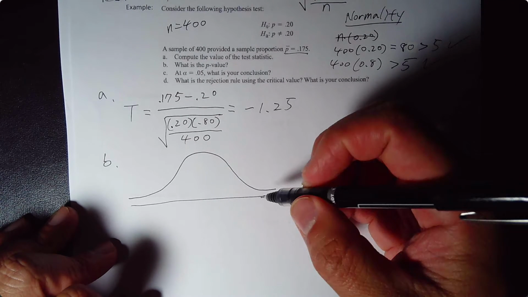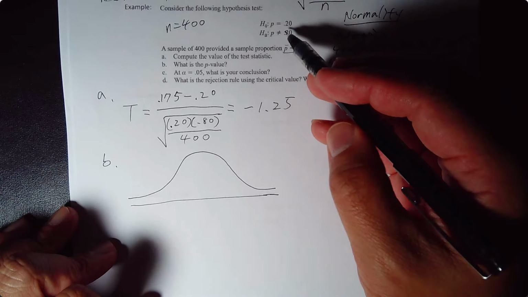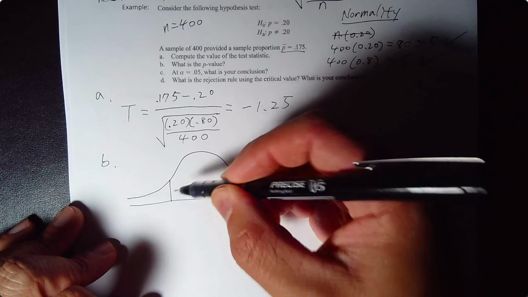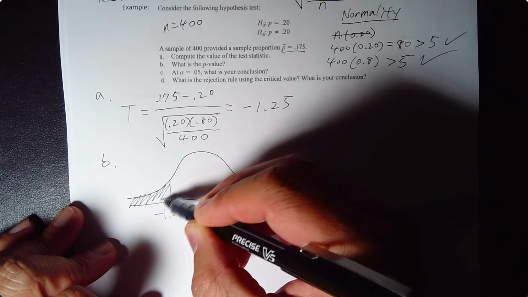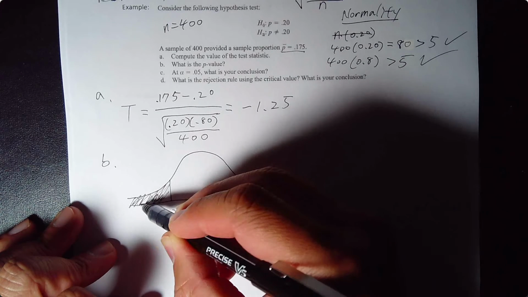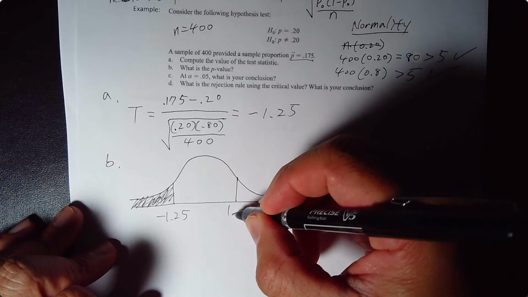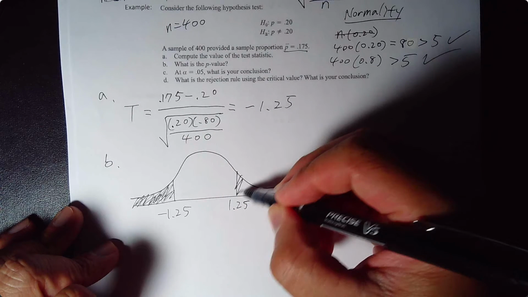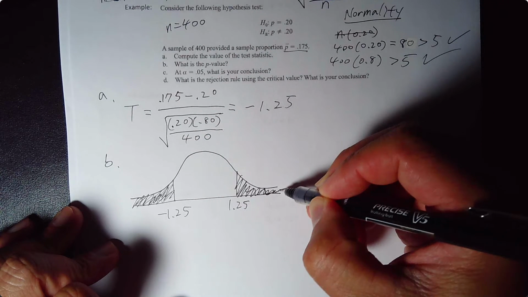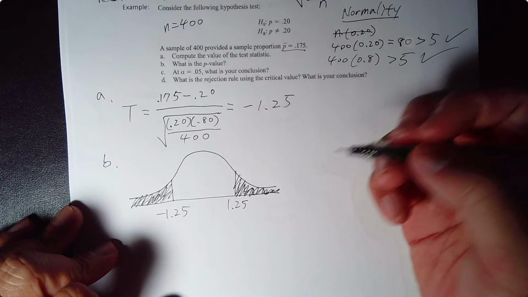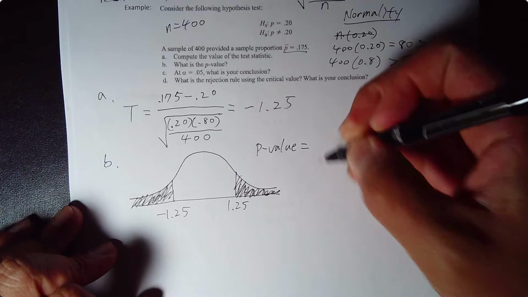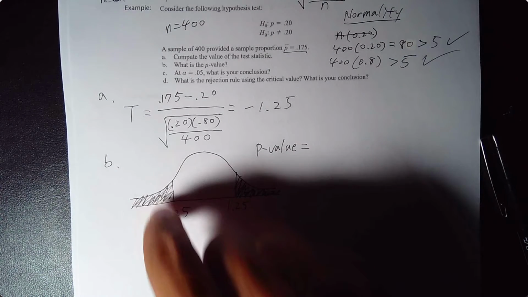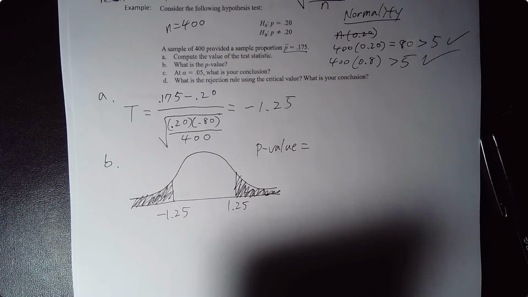This is a two-tailed test, so my p-value is actually both sides, both tails. I want the area of both of these tails. So what I'm going to do is simply find the area of one of these tails and then multiply that by 2.